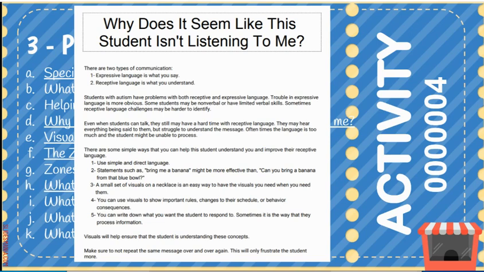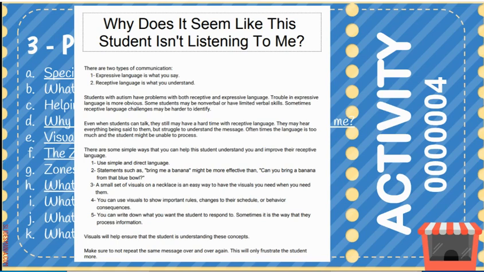And so when we work with students that have autism, they have problems with both receptive and expressive language. Some students may be nonverbal or have limited verbal skills. And sometimes the receptive language is the most challenging to identify, as far as whether they were able to understand what we were trying to communicate.